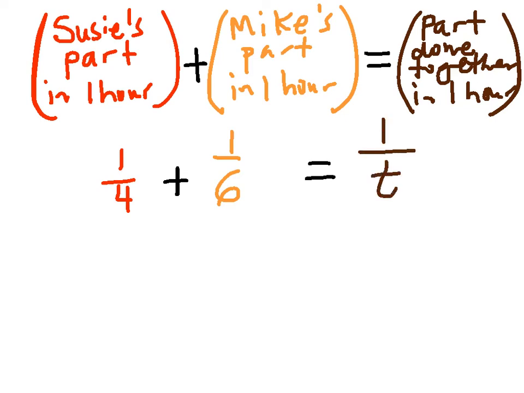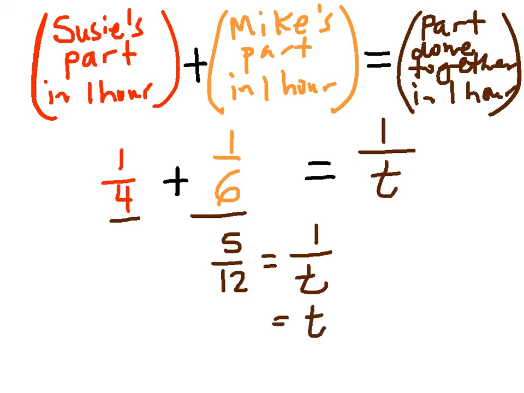Now all that remains is for us to solve this equation. Combining my like terms here, I get 5 over 12 equals 1 over t. And now if I have 1 over t and 5 over 12, I can just take the reciprocal of each side, which would give me t equals 12 over 5.